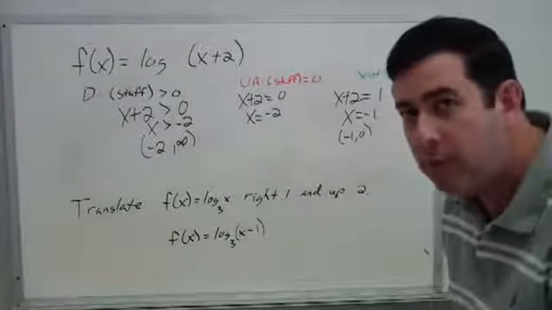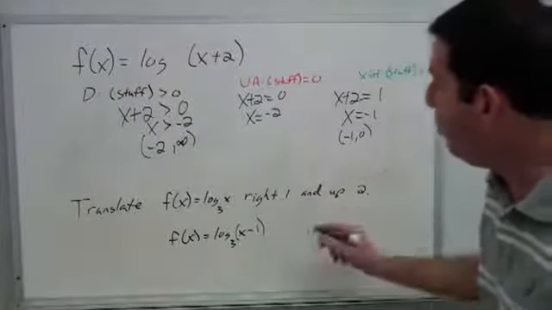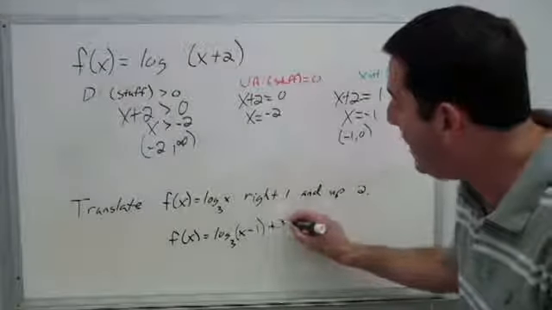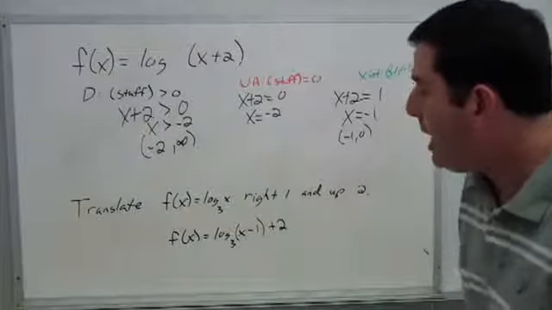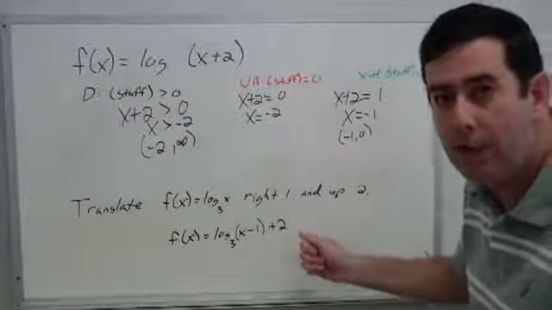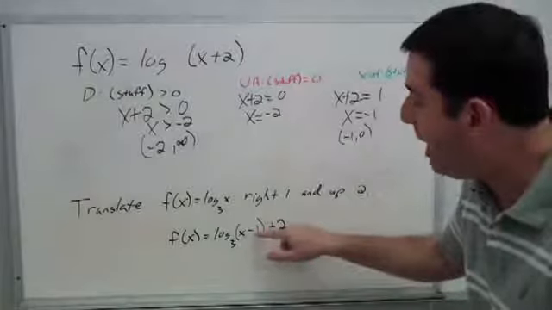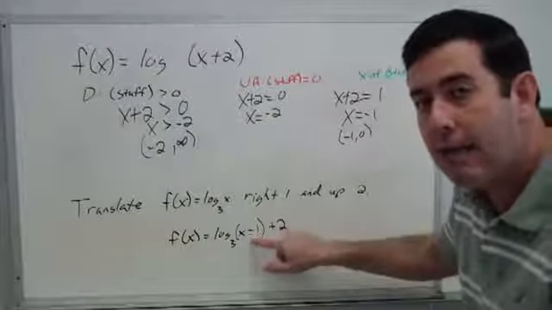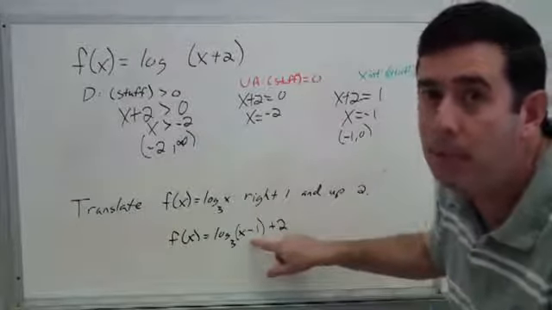Negative signs move us to the right. Now to make it move up, on the outside, let's put a +2. Something on the outside makes a vertical shift, either up or down. Something on the inside moves you left or right. A negative moves you right, so a positive would move you left.